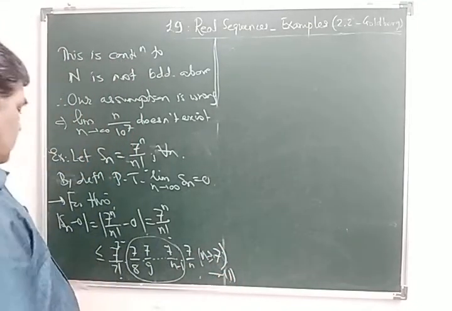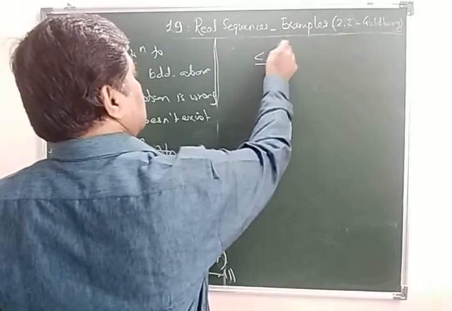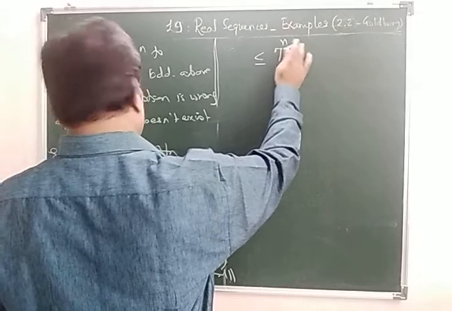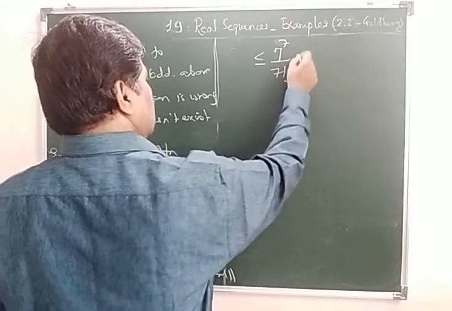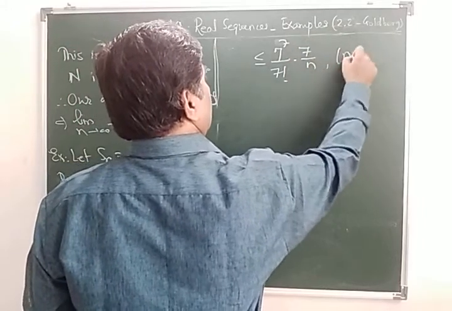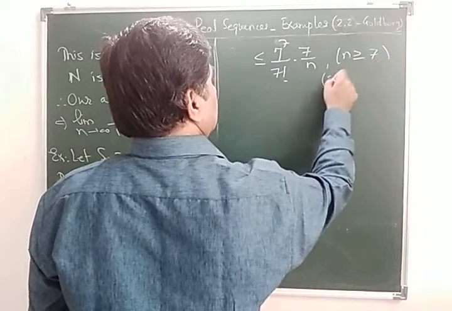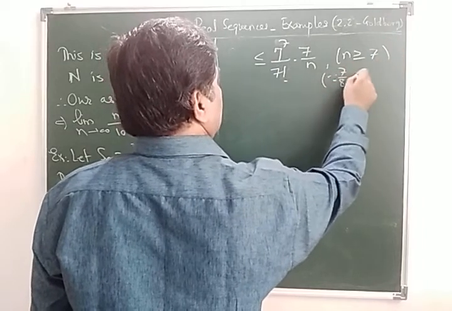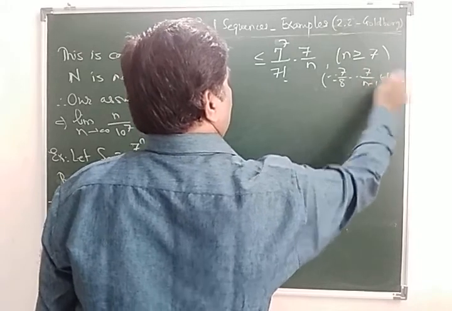1, which is less than or equal to 7 raised to 7 upon 7 factorial into 7 upon n for any n greater than or equal to 7, since 7 by 8 up to 7 upon n minus 1, this product lies between 0 and 1.